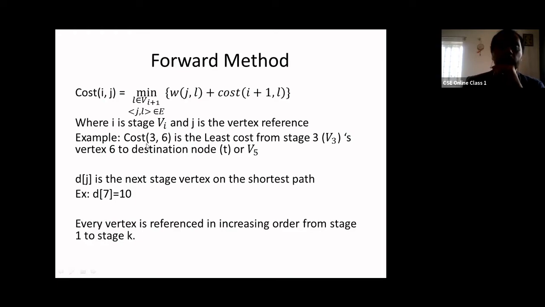To make it much easier, we are also keeping track of which vertex it is connecting to. That is the value D. So D of J indicates to which vertex it has to connect next. You can also call D a direction: from that vertex, where it has to connect next in the shortest path. So we are keeping track of another array called D, or direction array.